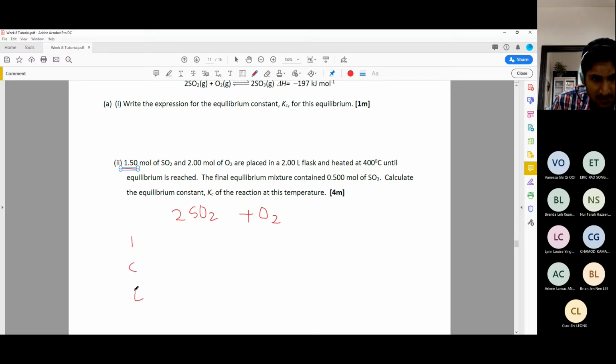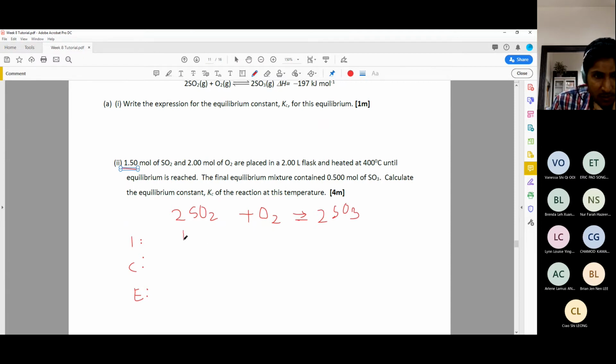This is best for you, so that you understand and you have done it by yourself, because you understand the thing. So sulfur trioxide.